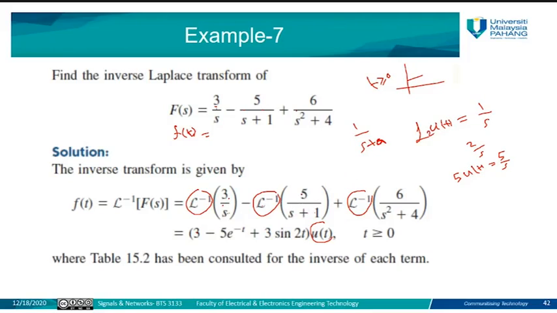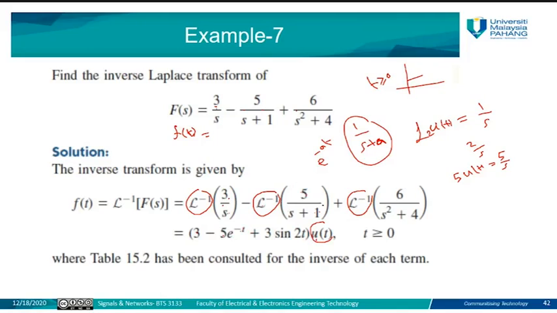So what I am going to do is write 5 exponent negative t, because the inverse of 1 over (s plus a) is exponent negative a t according to the table. So you just substitute for a, which equals 1. So it gives you exponent negative t, and the 5 here is the magnitude, so it's just 5, and the function will be multiplied by u(t) because it's greater than 0.